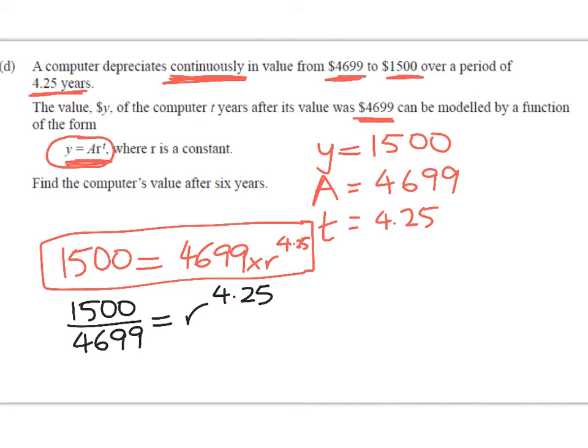Now we're interested in figuring out r to the power of 1, just plain old r. So I have to do the same thing to both sides of the equation, which is something to make this become r to the power of 1. I'm going to do that on a new slide. Right, so we had 1,500 over 4,699 is equal to r to the power of 4.25.